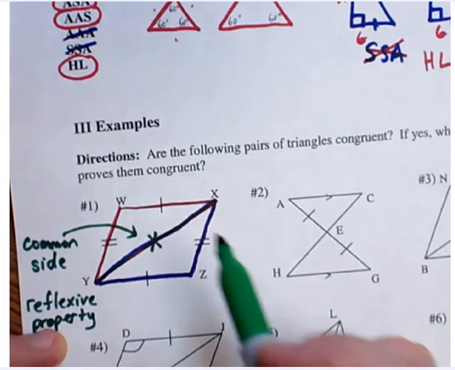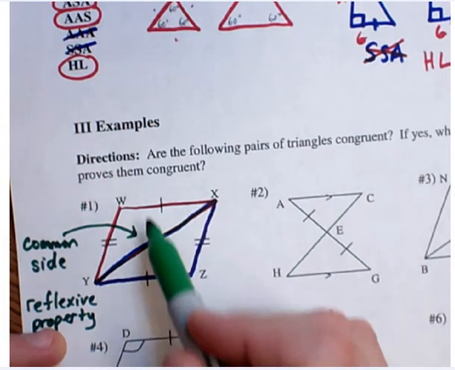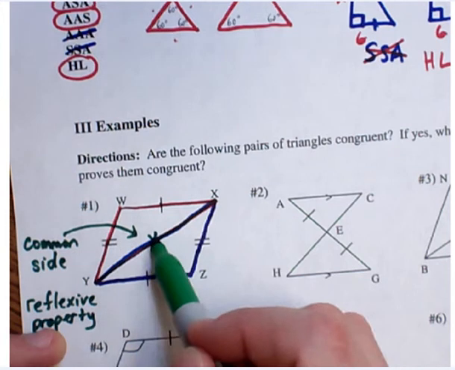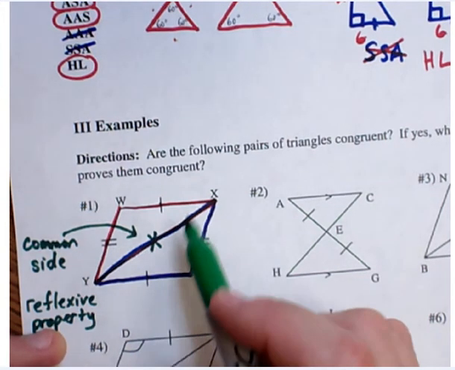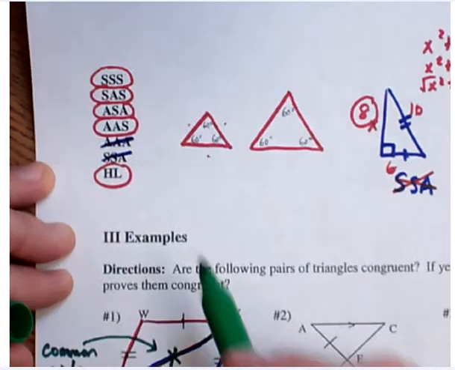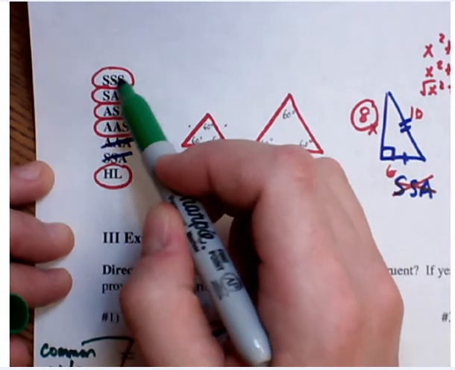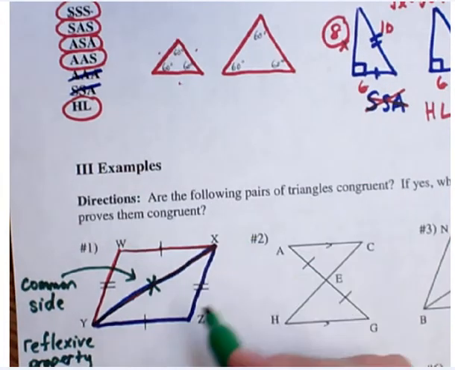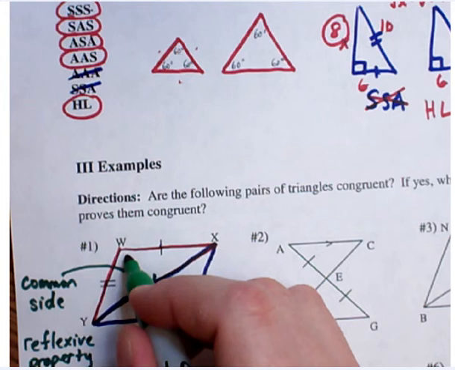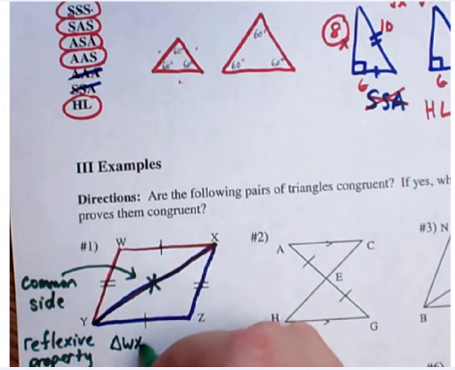Okay? So now when I look at the red triangle, I see 1, 2, 3 sets of sides. And in the blue triangle, 1, 2, 3 sets of sides. Well, if I look at my list here, 3 sets of sides congruent, side, side, side. Okay, so I'm going to say here, triangle WXY is congruent to triangle.